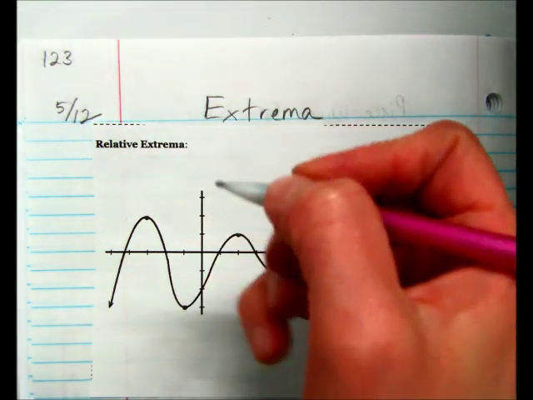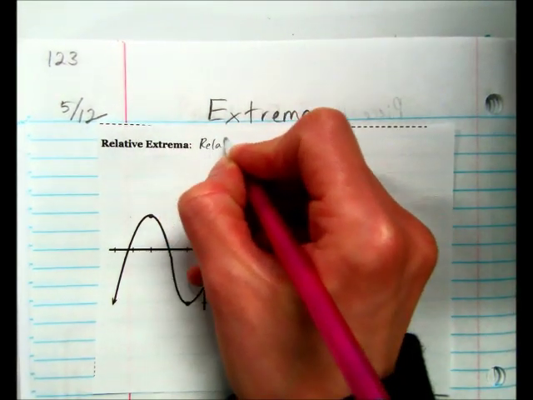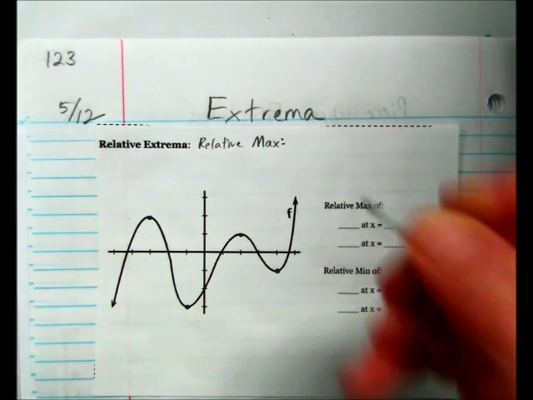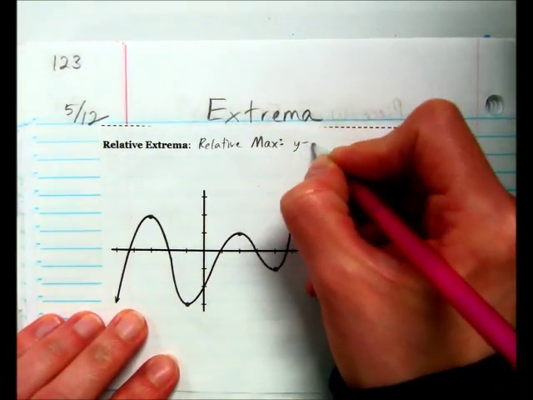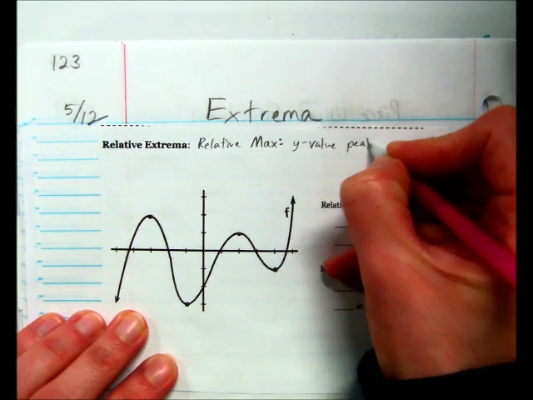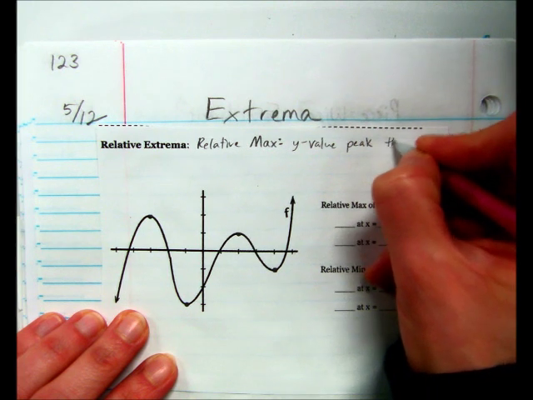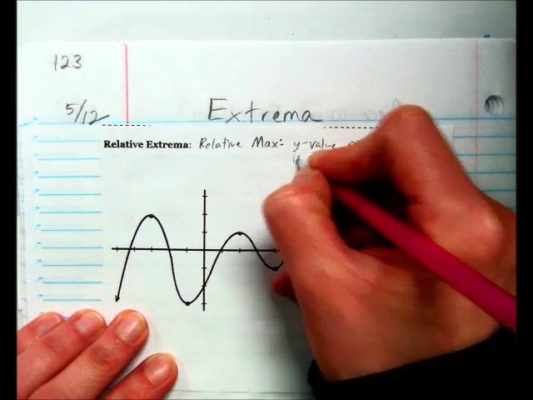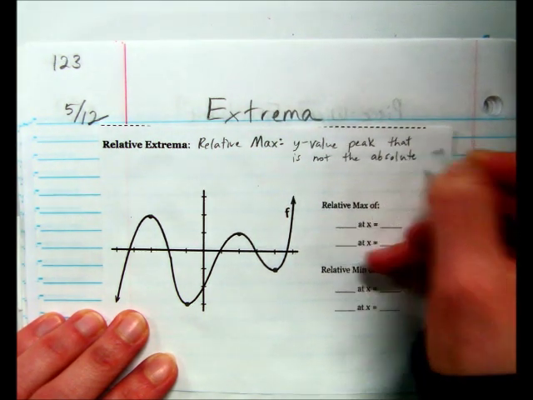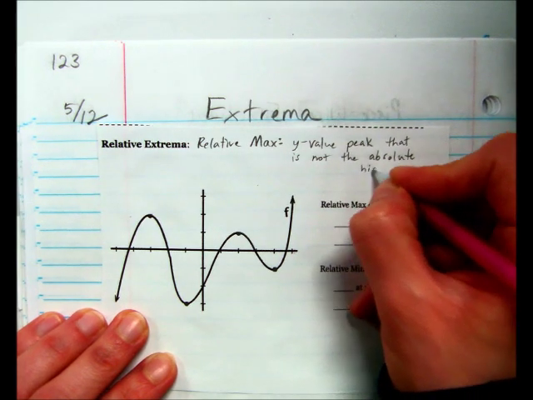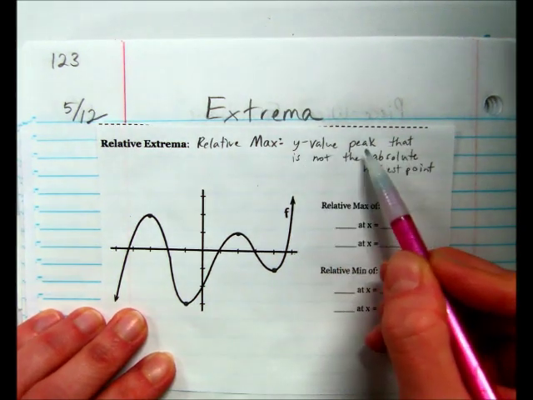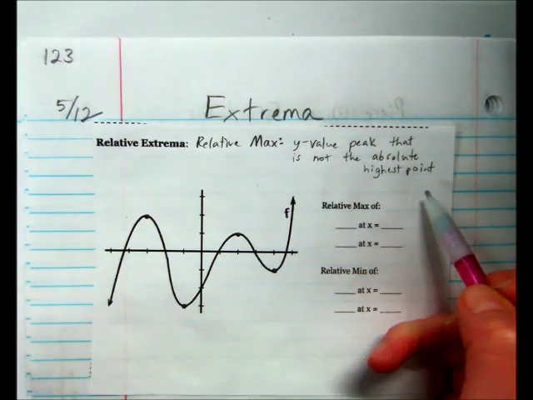The relative maximum, which I'm just going to call max, is a y value peak that is not the absolute highest point. I don't know how I'm going to fit all this in here, but we'll do it. So a relative max is a y value peak that is not the absolute highest point.